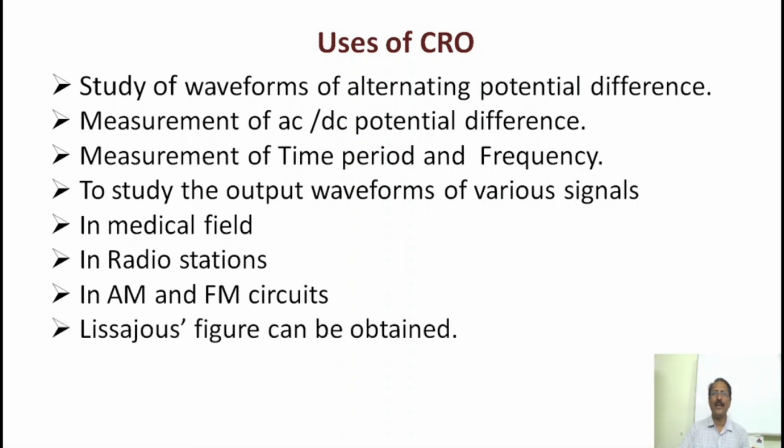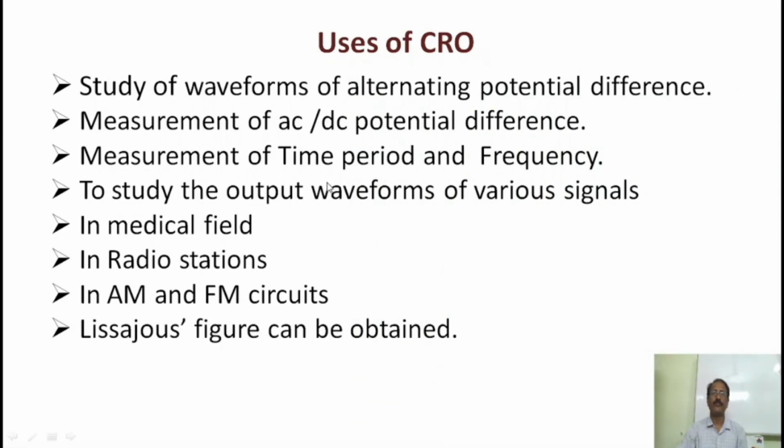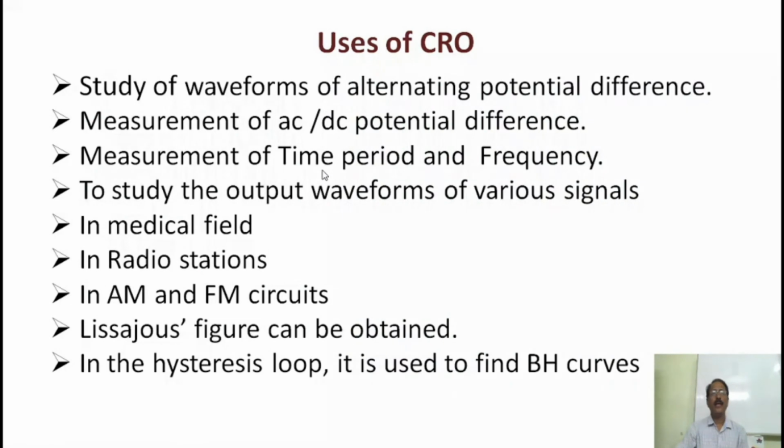Phase difference can be calculated by analyzing the Lissajous pattern. In hysteresis loop, it is used to find BH curves. Thus, no other instrument used in the electronic industry is as versatile as the cathode ray oscilloscope.